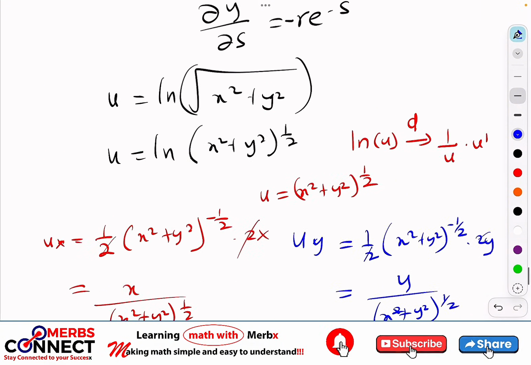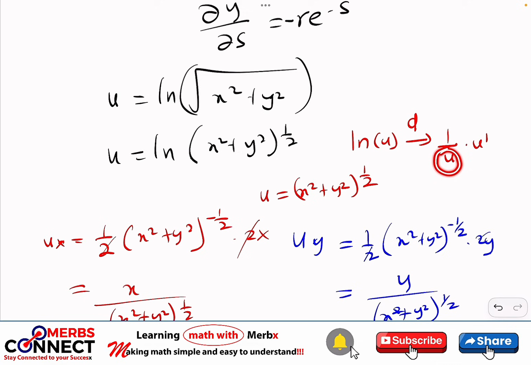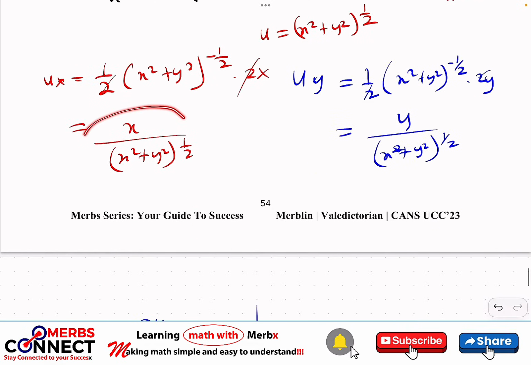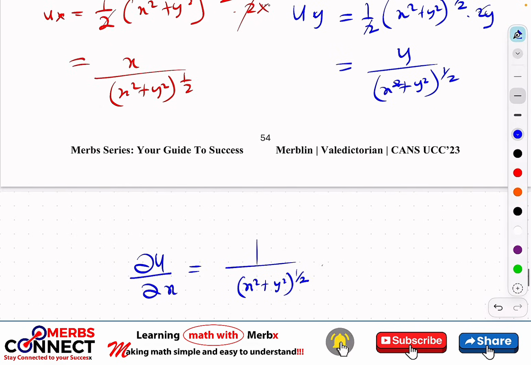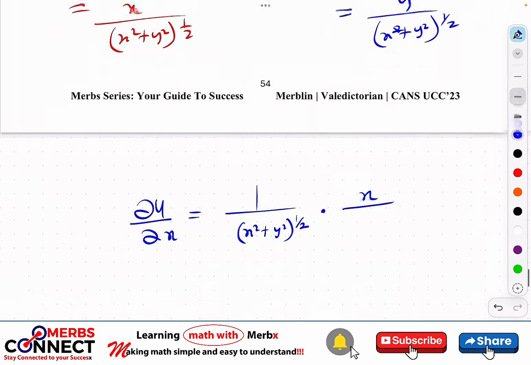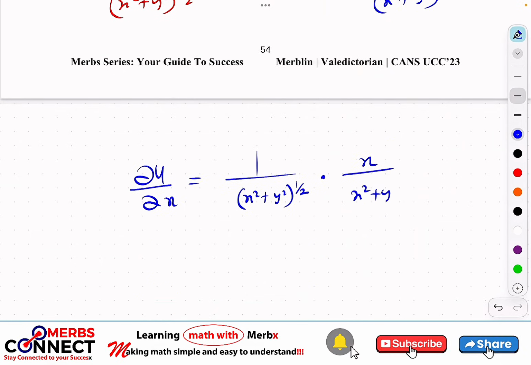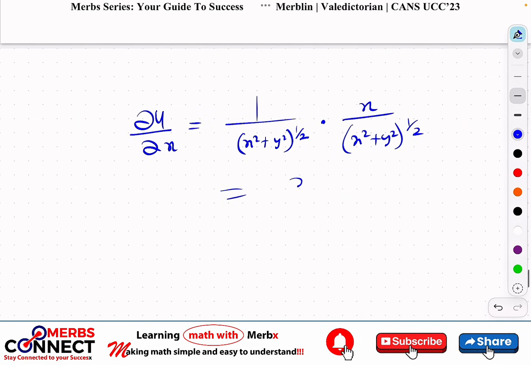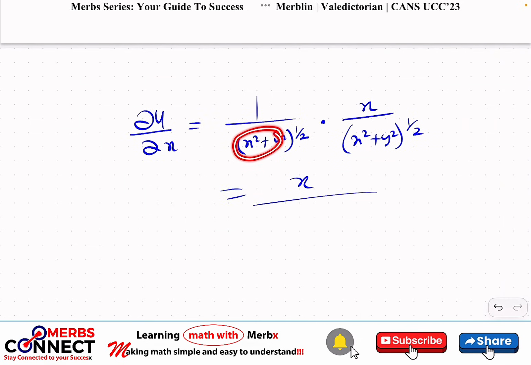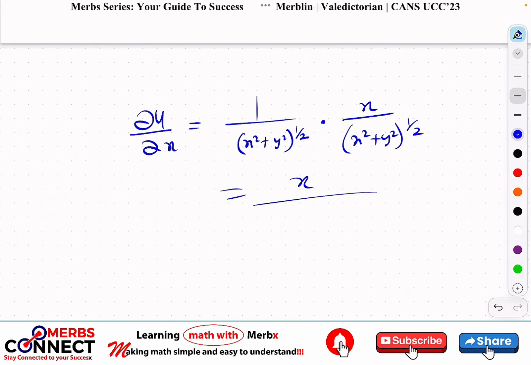So that's what we have here. So 1 divided by u times u prime. u prime is this, so times x divided by (x squared plus y squared) to the power 1 over 2. Simplify this. Multiply the top, gets x. Since the bases are the same, we add the exponents. 1 over 2 plus 1 over 2 is 1. So this is going to be x squared plus y squared.